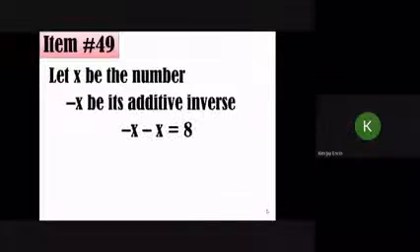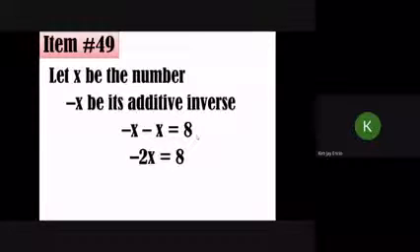So it says here, the number x is subtracted from its additive inverse, which means because of the word "from," the additive inverse becomes the minuend, and the x here becomes your subtrahend. So that is -x minus x equals 8, which simplifies to -2x equals 8.